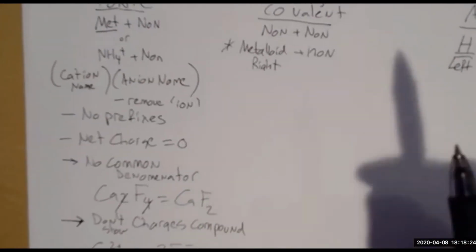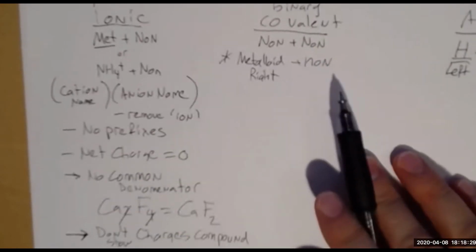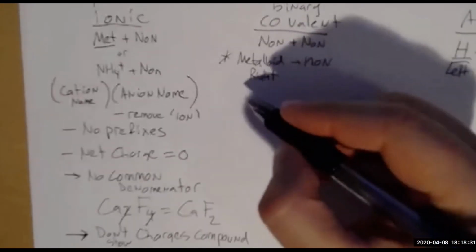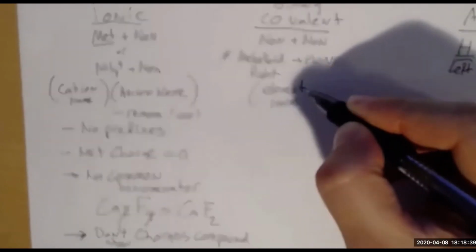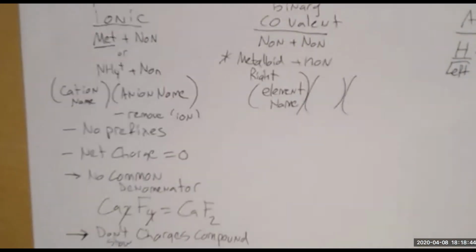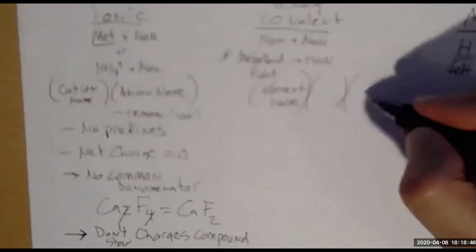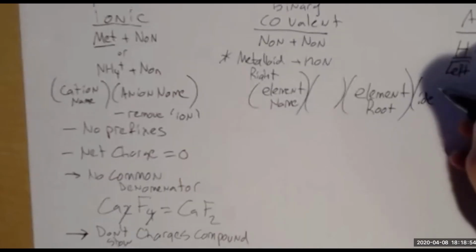For the binary covalent, which is a non-metal plus a non-metal, or a metalloid plus a non-metal, the first element is just the element name. And then for the second element, it's the element root plus IDE.